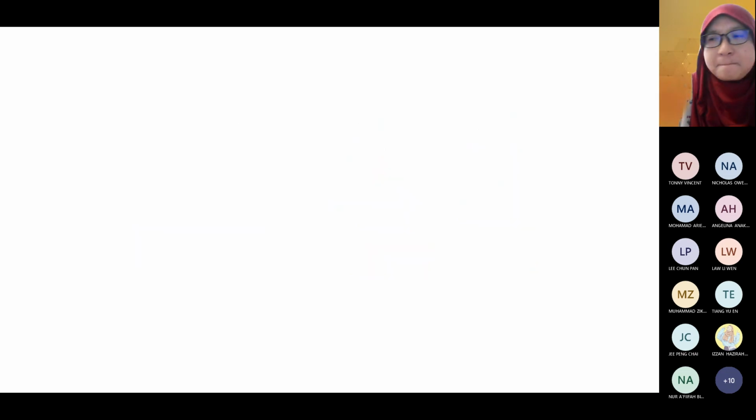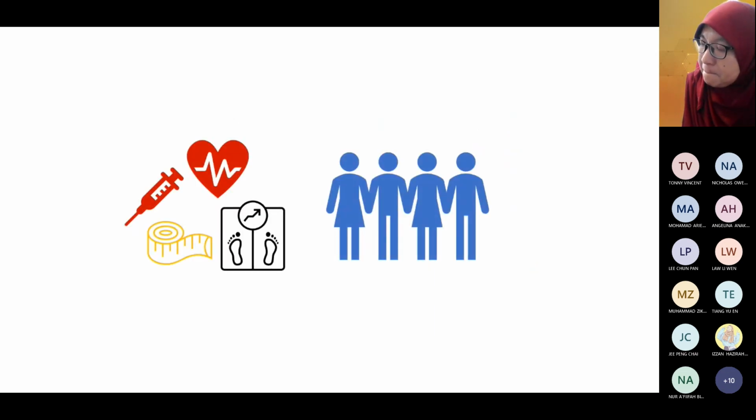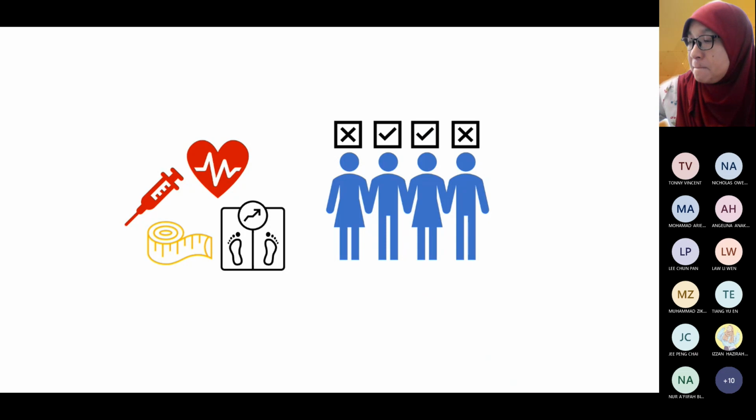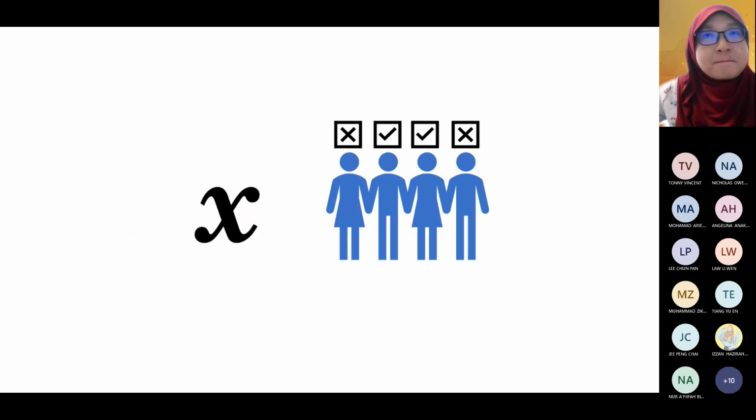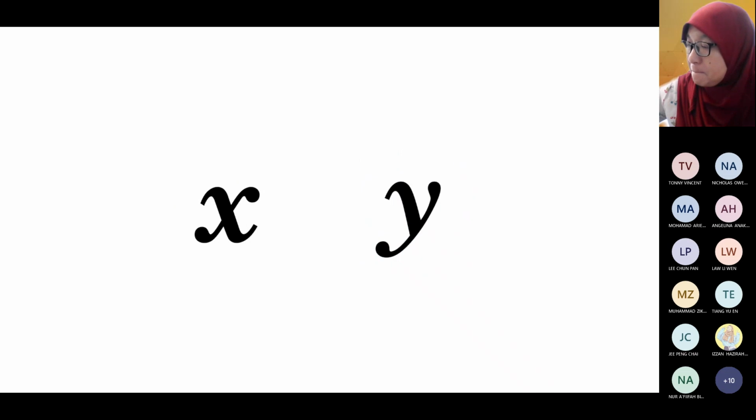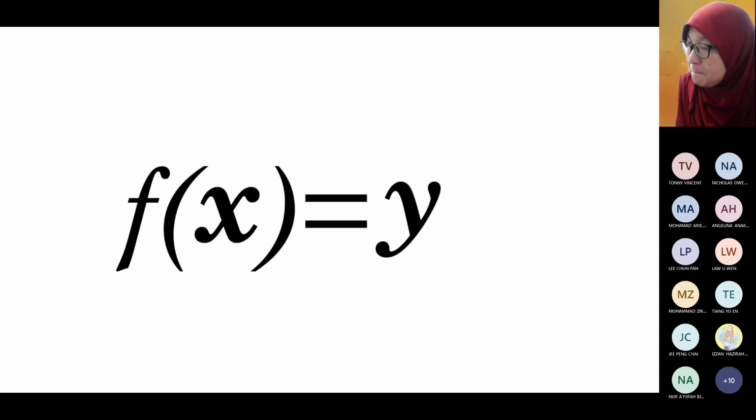Now let's look at another form of machine learning. This time, suppose a health clinic takes measurements from patients, including blood pressure, glucose level, weight, height, and so on. Additionally, each patient is categorized as diabetic or not diabetic. The patient measurements are our features, or X, and the classification of diabetic or not is our label, or Y. We can fit the features and labels to a function that calculates the probability of a patient belonging to a particular class based on their features.